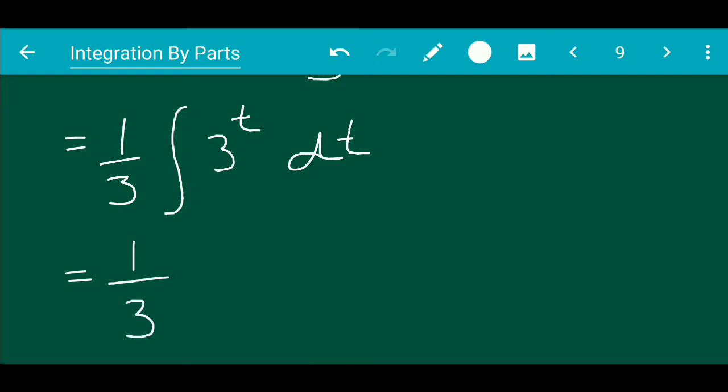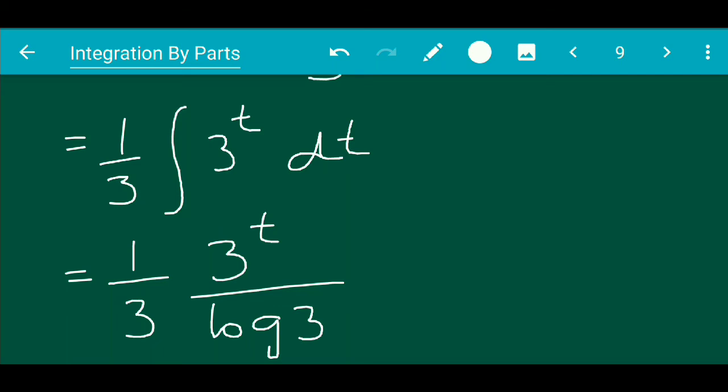Now what is the integral for a raised to x? It is a raised to x upon log a. So the integral of 3 raised to t becomes 3 raised to t upon log 3. Now t was nothing but x cube. We have substituted x cube as t.